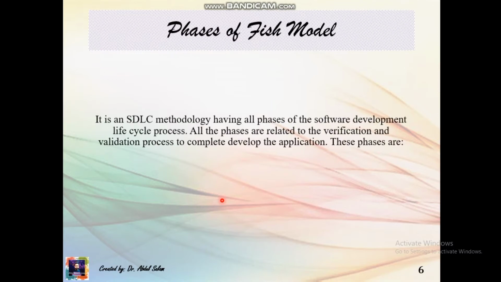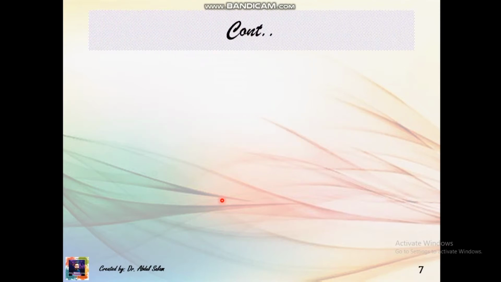It is a software development life cycle methodology having all phases of the software development life cycle processes. All the phases are related to the verification and validation processes to complete the development of the application.